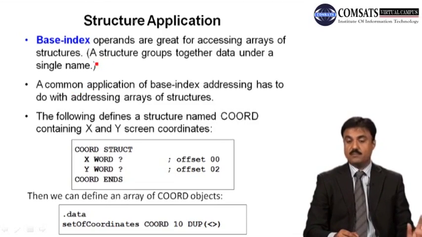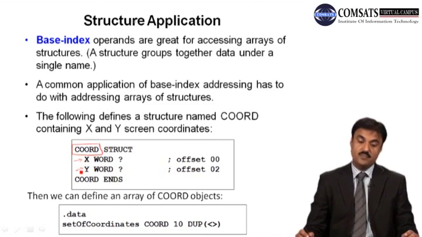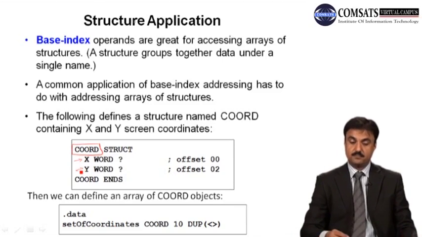A structure is nothing but a group of multiple elements, or a structure groups together data under a single name. Here is one example, the coordinate structure. This coordinate structure has 2 members, or 2 fields, the X field and the Y field.